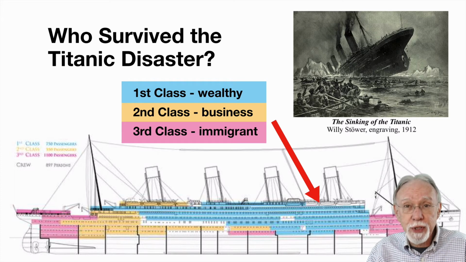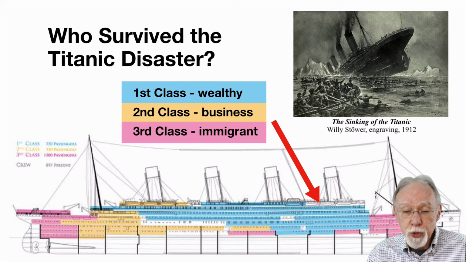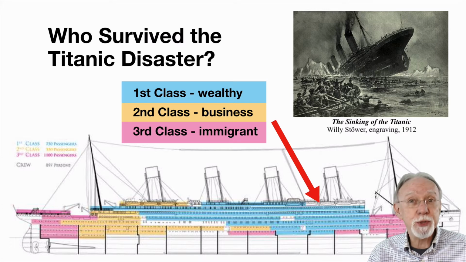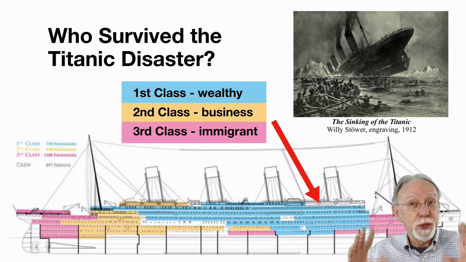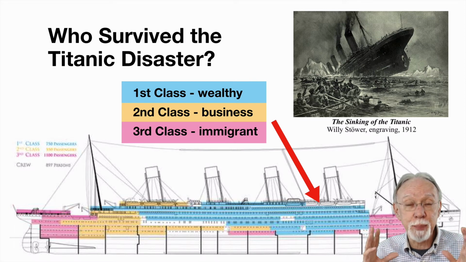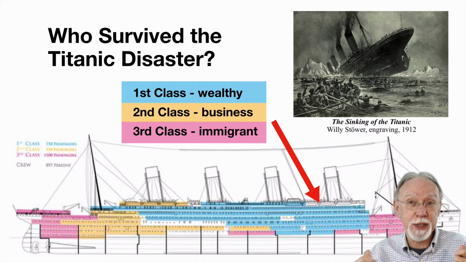Or were they third class, the immigrants kind of jammed together far away from the center of the ship? Notice the lifeboats are where that big red arrow is. And what color stateroom, what color cabin is close to that? Could we create a machine learning algorithm to use the Titanic passenger data to predict which ones may have lived and died?